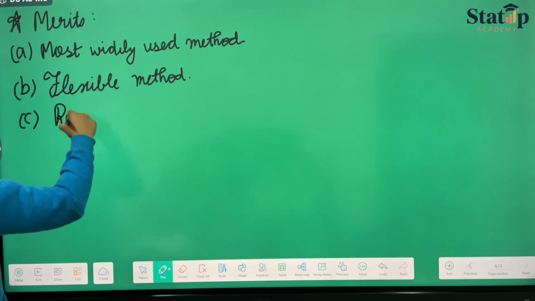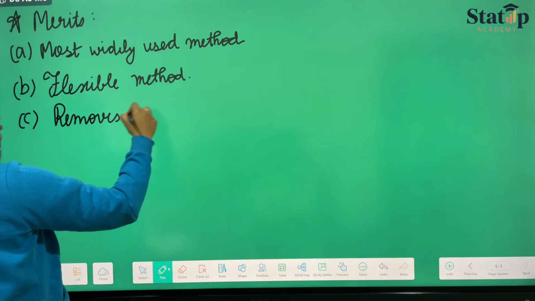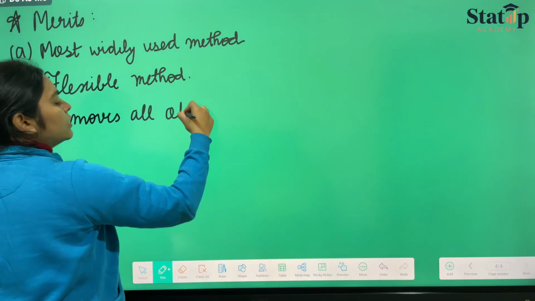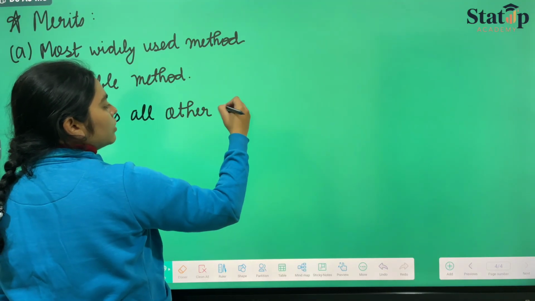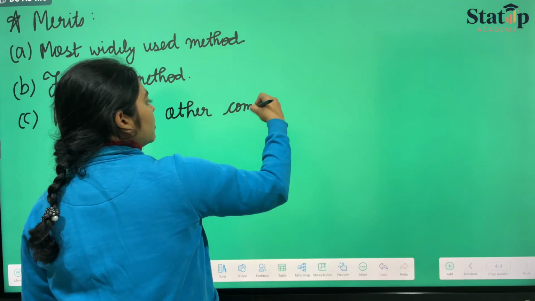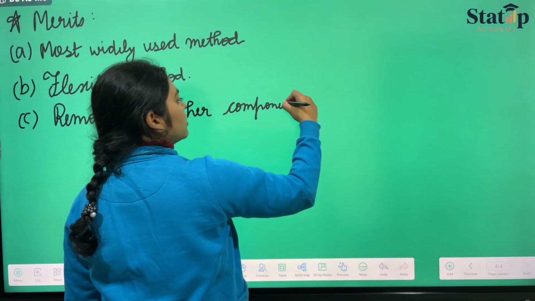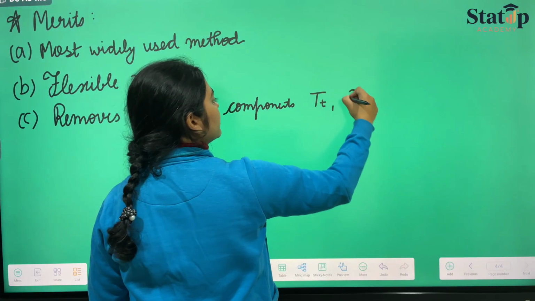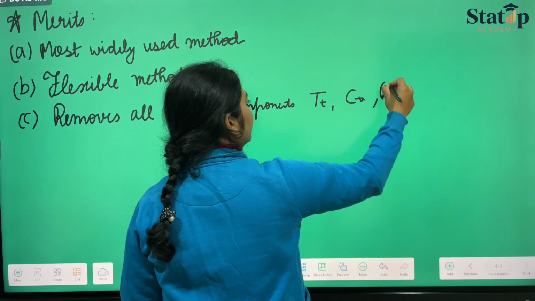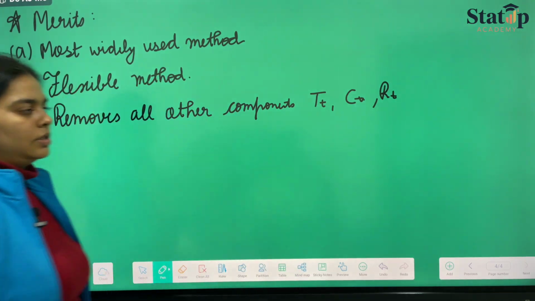And it removes all other components like trend, cyclical, and random component, and we are only left with seasonal.